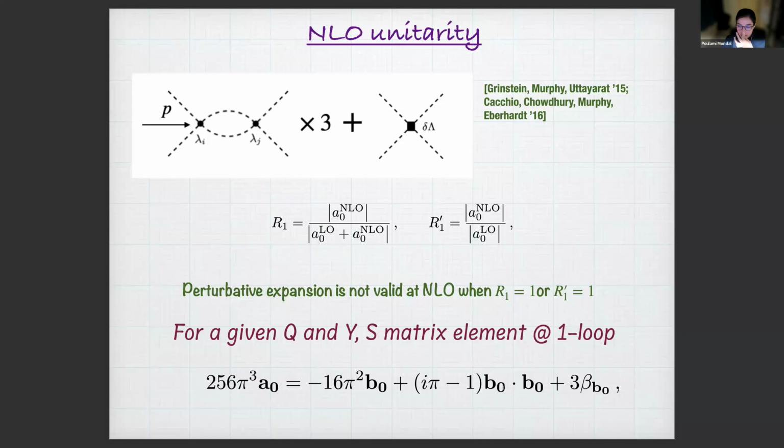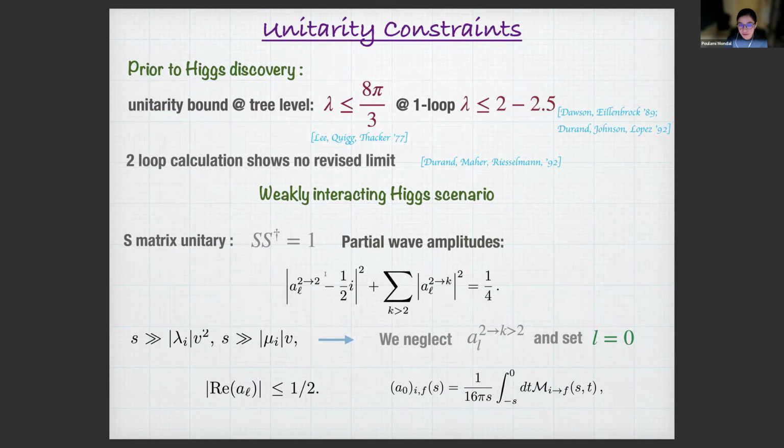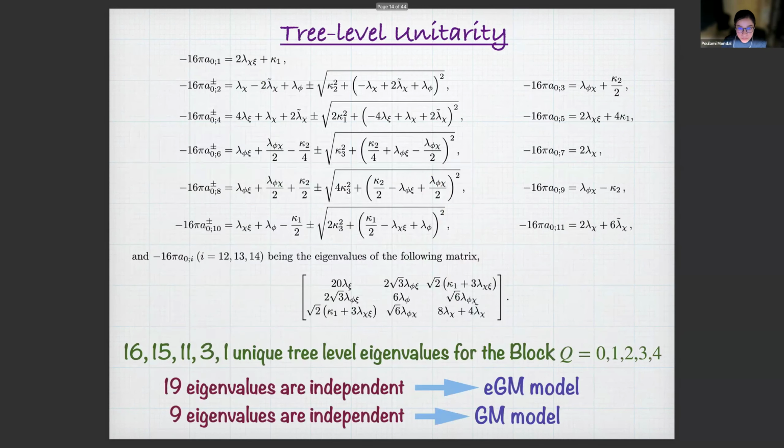In the tree level expression, if you have two couplings, lambda 1 and lambda 2, your beta B0 will have beta lambda 1 and beta lambda 2. Following this expression, you write down all the one loop amplitudes, construct the scattering matrix, calculate the eigenvalues numerically, and then set the unitarity condition on those eigenvalues. So this was the NLO unitarity calculation.